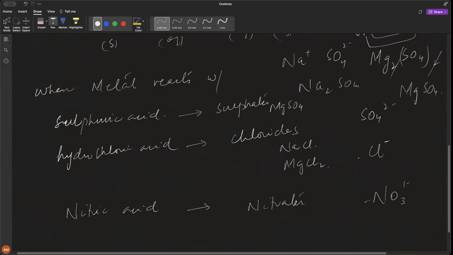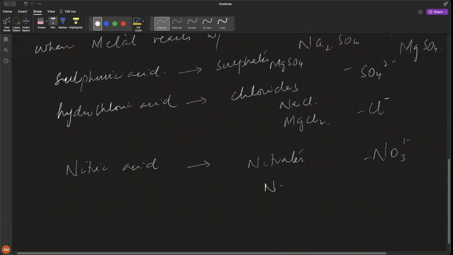All right. So you're going to get nitrate as sodium nitrate. Is this clear?